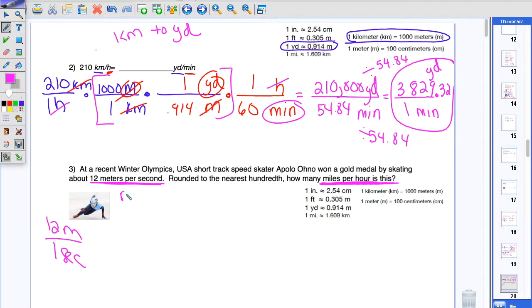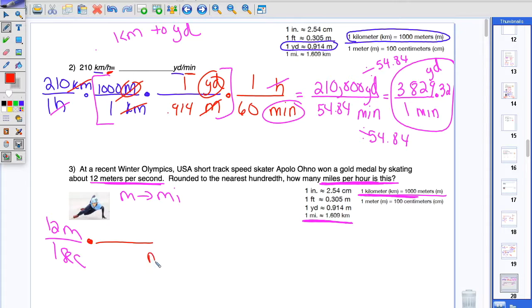So our first conversion is going from meters to miles. So we have miles to kilometers, but we don't have it to meters. So now we need to use our second conversion factor, going from kilometers to meters.